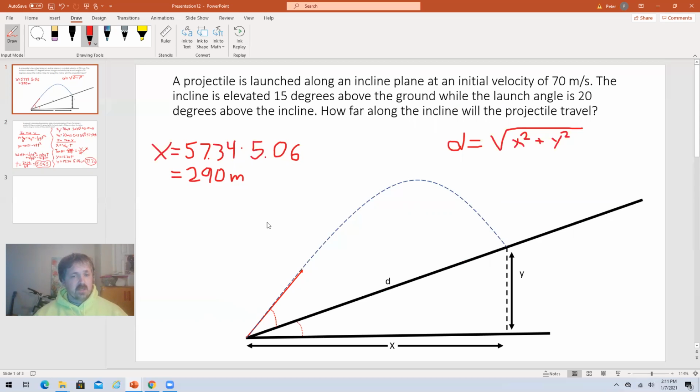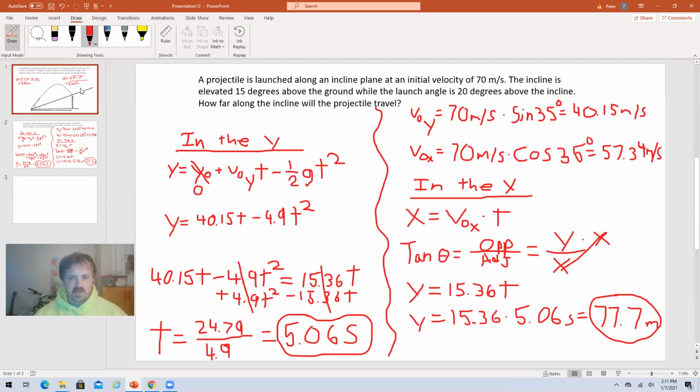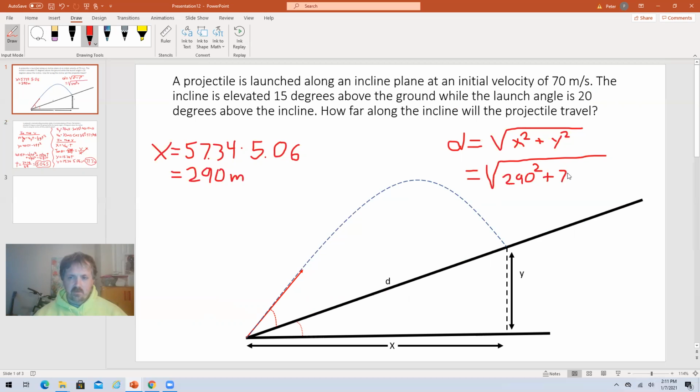So now the only thing left to do is just calculate d. And we know that d is going to equal the square root of x squared plus y squared. X rather is 290, so 290 squared plus, what was it? Y was 77.7. We will square that as well.